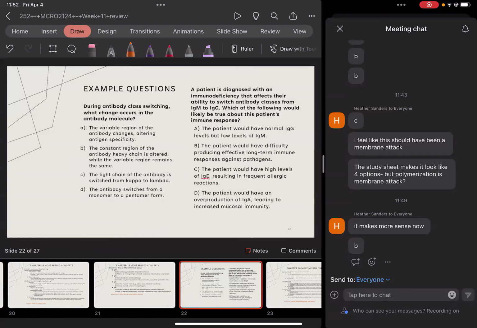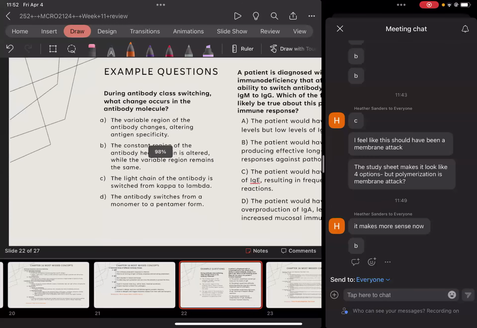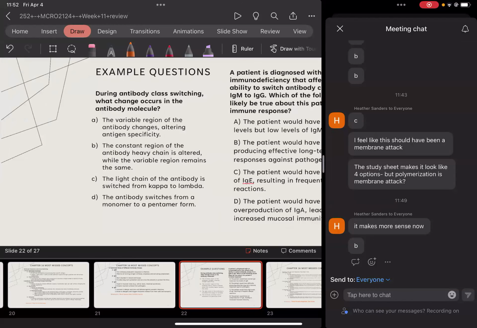We have a question here. Antibody class switching. So our antibody classes: we have 5 types of antibody, immunoglobulin. We have IgD, which is just our receptor on our B cells.